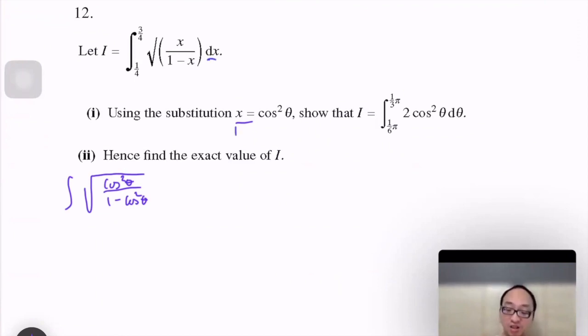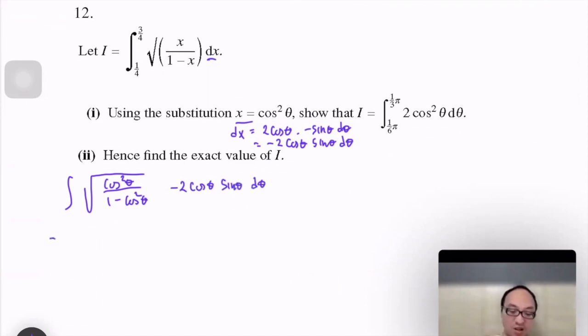So using this, we can find the dx. dx is 2 cos theta times negative sin theta d theta, or negative 2 cos theta sin theta d theta. So I can change dx into negative 2 cos theta sin theta d theta.